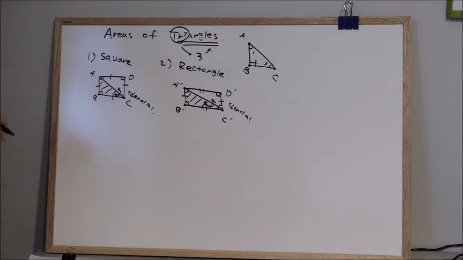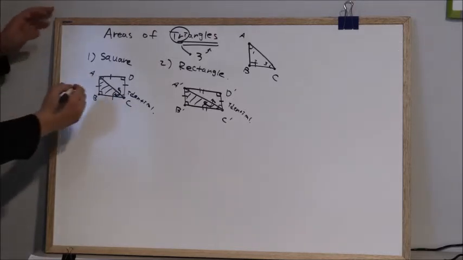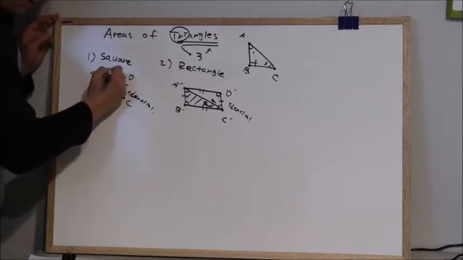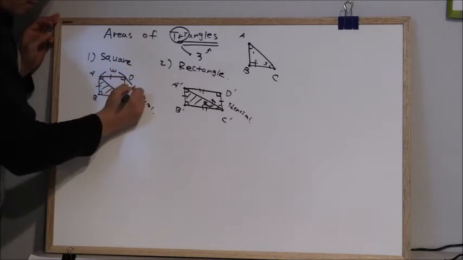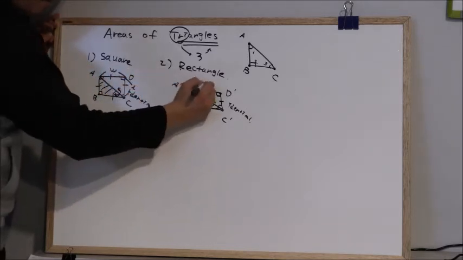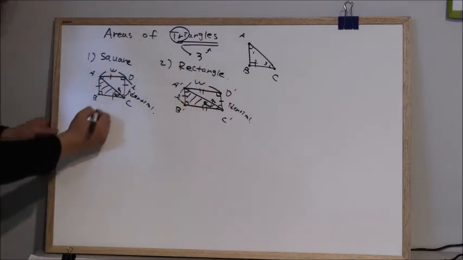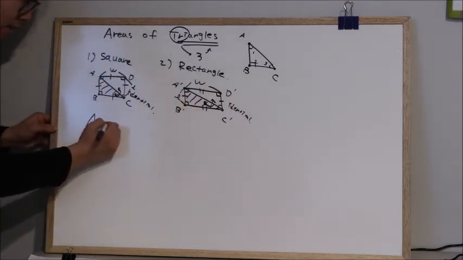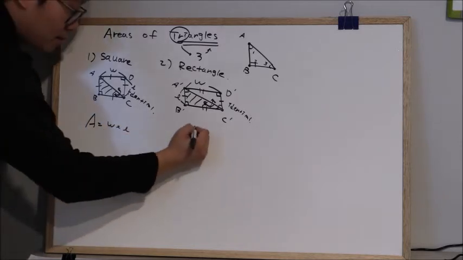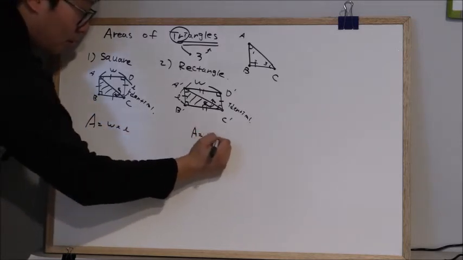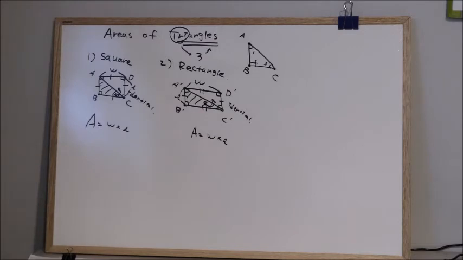So if you look at the area calculation, width, length, we all know that the square area is width times length. The same thing happens for a rectangle too.